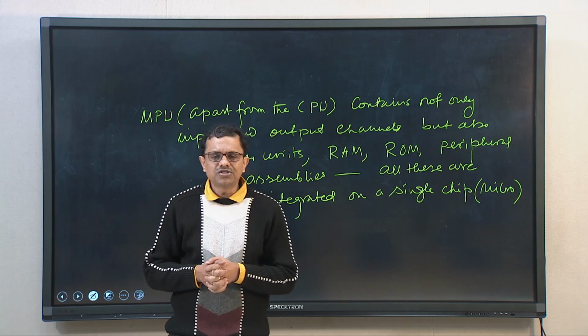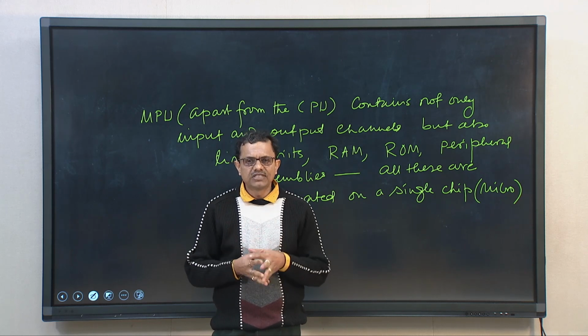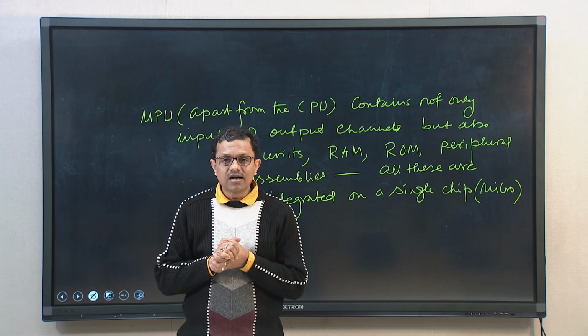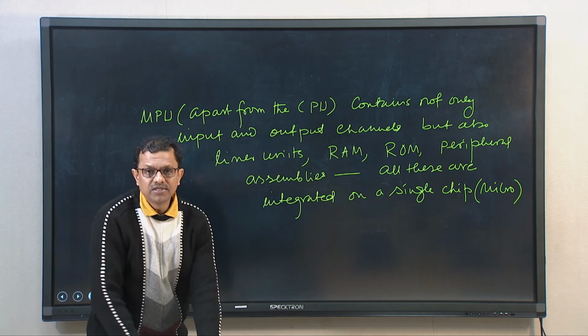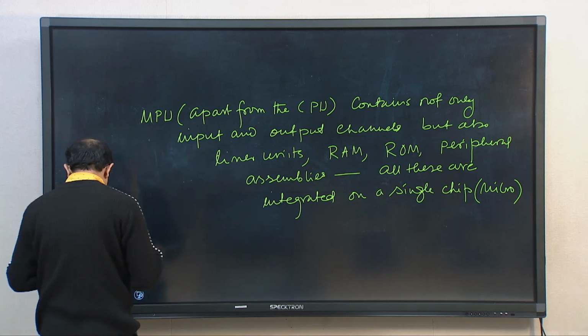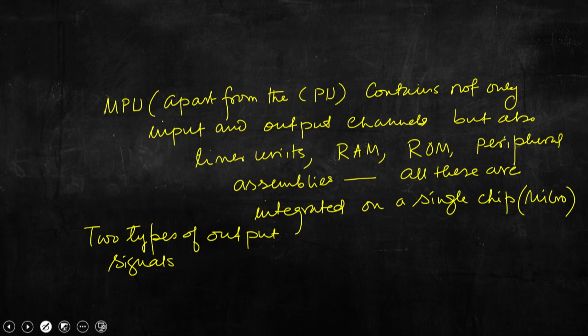Okay. And the output from the microprocessor unit will be the output signals, and two different types of output signals are there from the MPU. Just I will write the names here. So, two types of output signals are considered.